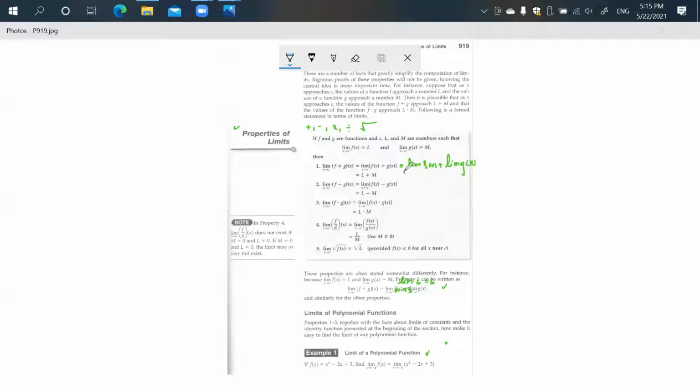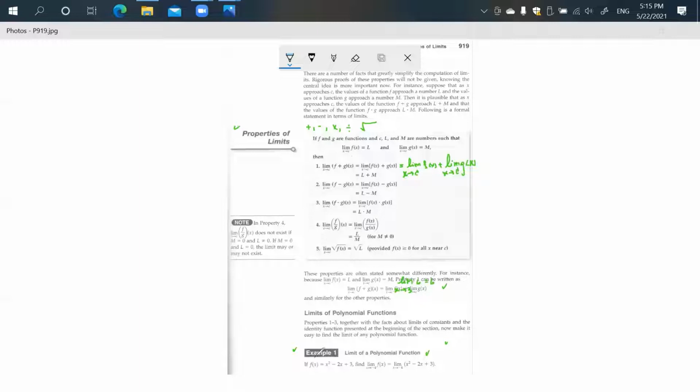Don't forget, you must write this every time: this one x approaches c, and this one also x approaches c. You can write it this way, and minus works with a similar idea. Now we just see an example right away.